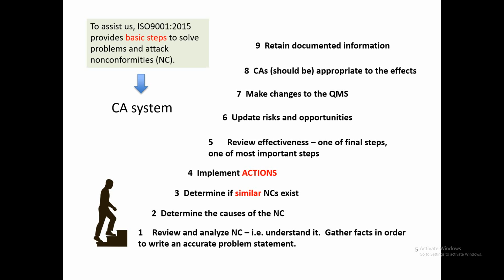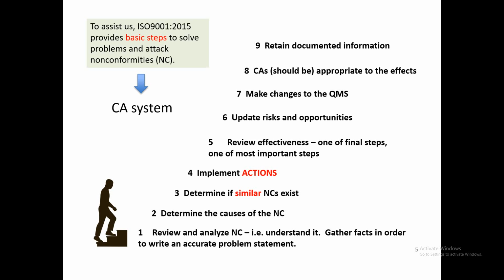4, implement actions. 5, review effectiveness. You check whether whatever action you decided to implement is effective in addressing the non-conformity. 6, update risks and opportunities, because you change the risk now after effectively taking actions.